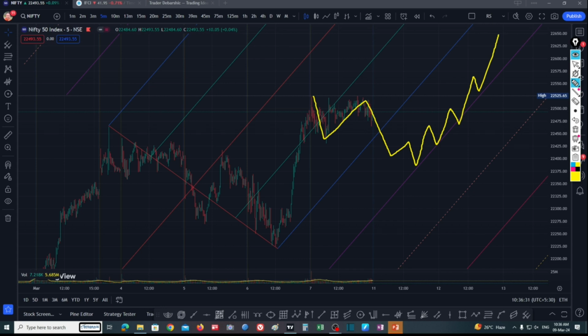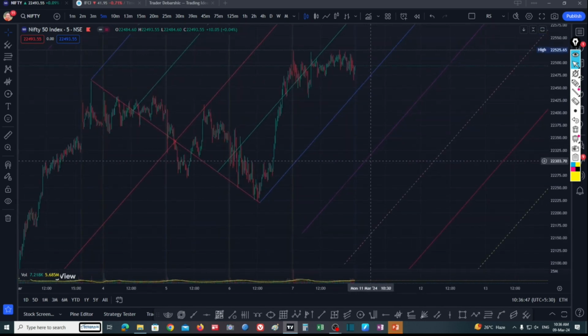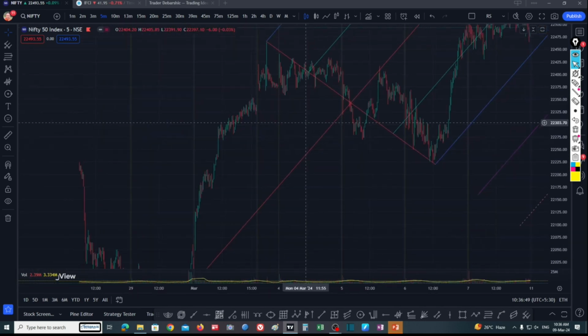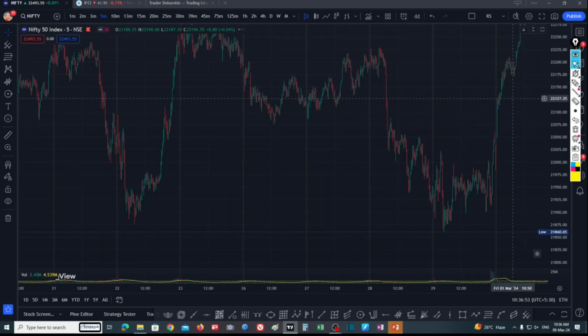So finding the pivots level in pitchfork is a very important part that we cannot forget. We can go to other instances also. We can see more charts.